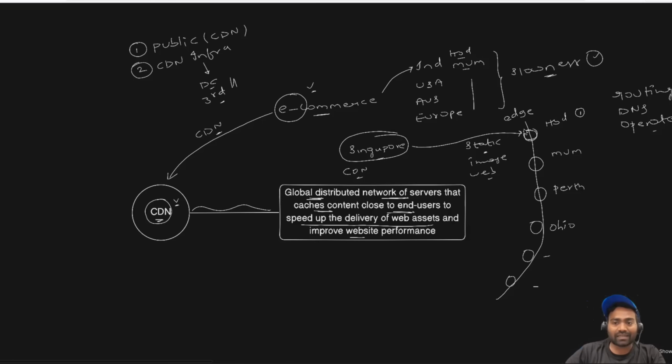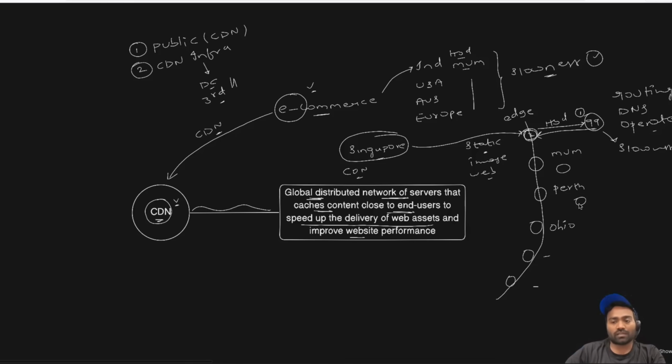It caches that content onto the Hyderabad edge server so that when other users in Hyderabad, let's say 99 other users or even new users, try to access the website, the request goes to this edge server and this edge server provides them with the static content. That's why these users do not experience any slowness. Now it is up to you, the number of edge servers that you want to configure.